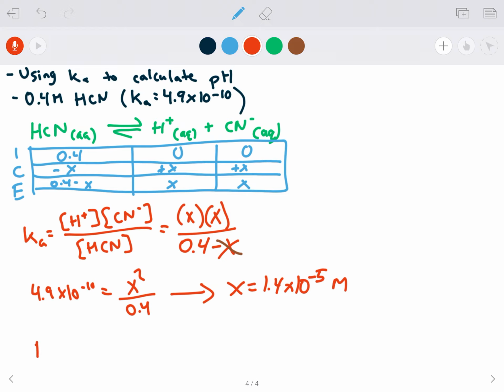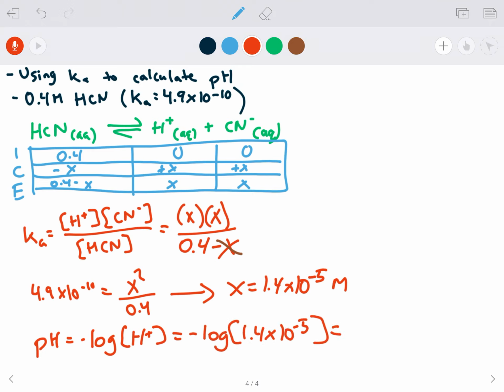So that means that our pH is going to be the negative log of the concentration of H plus, which in this case is 1.4 times 10 to the minus 5th, and this gives a pH of 4.85. And that answer makes sense. It's acidic because we have a weak acid, but it's not nearly as low of a pH as hydrofluoric acid was, which had a much larger Ka than the cyanic acid does.